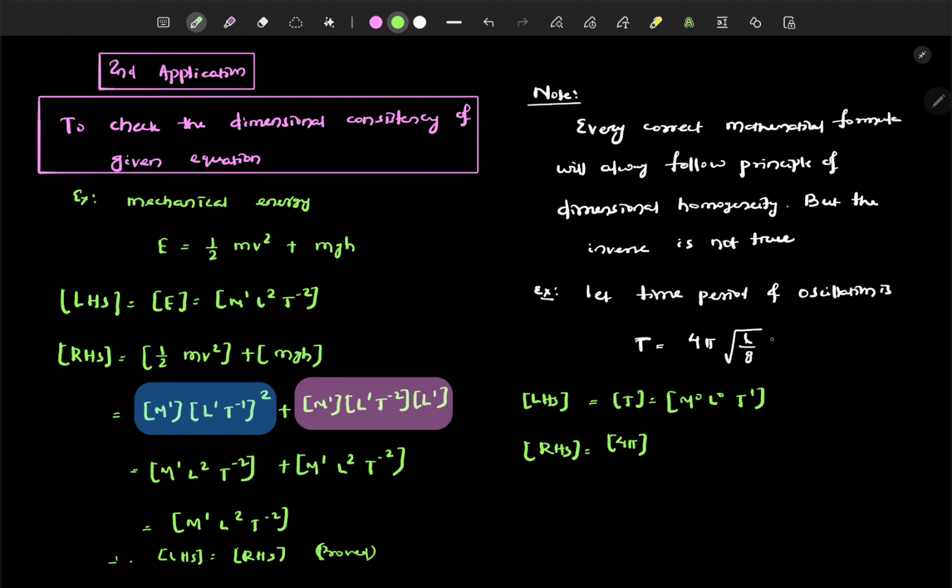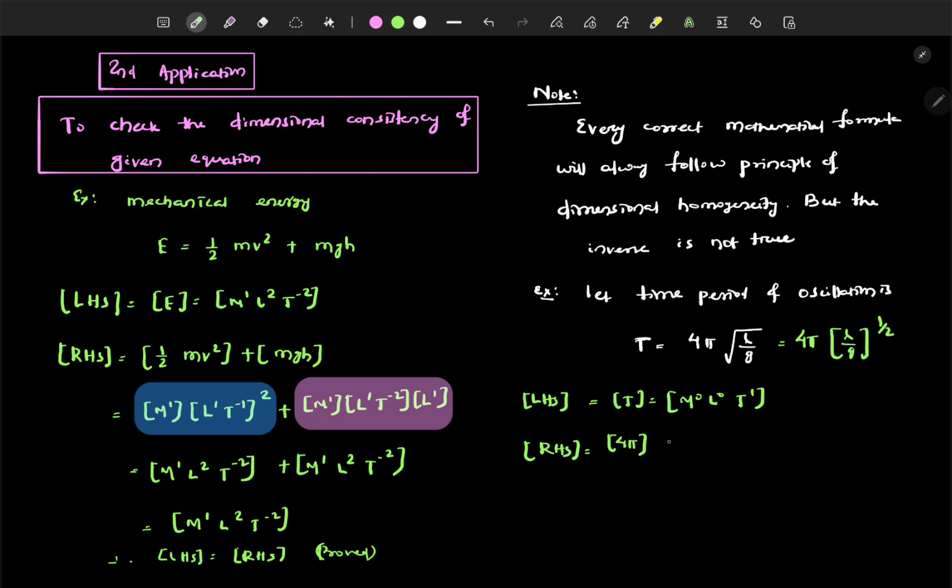Next, we can write it as 4π into L to the power 1/2 divided by G to the power 1/2, or in a simple way, L by G whole power 1/2.